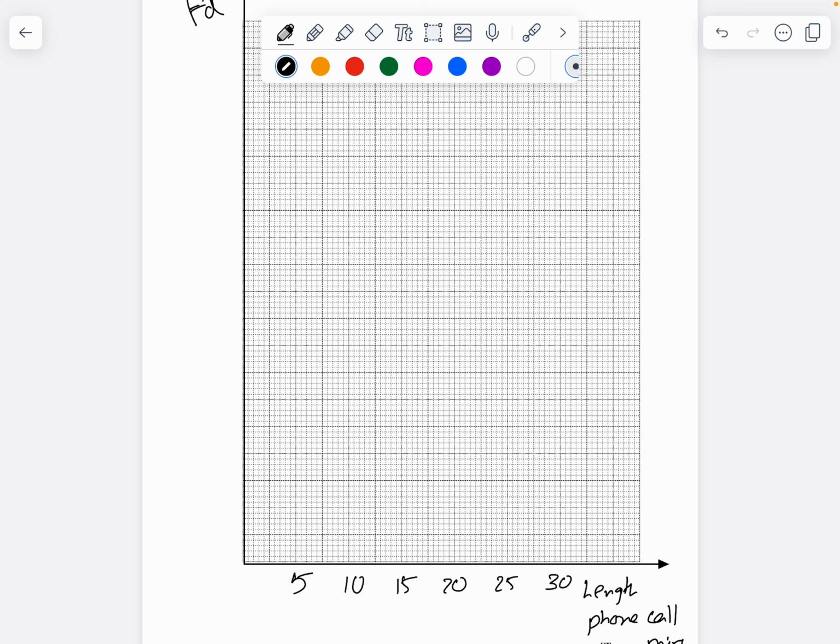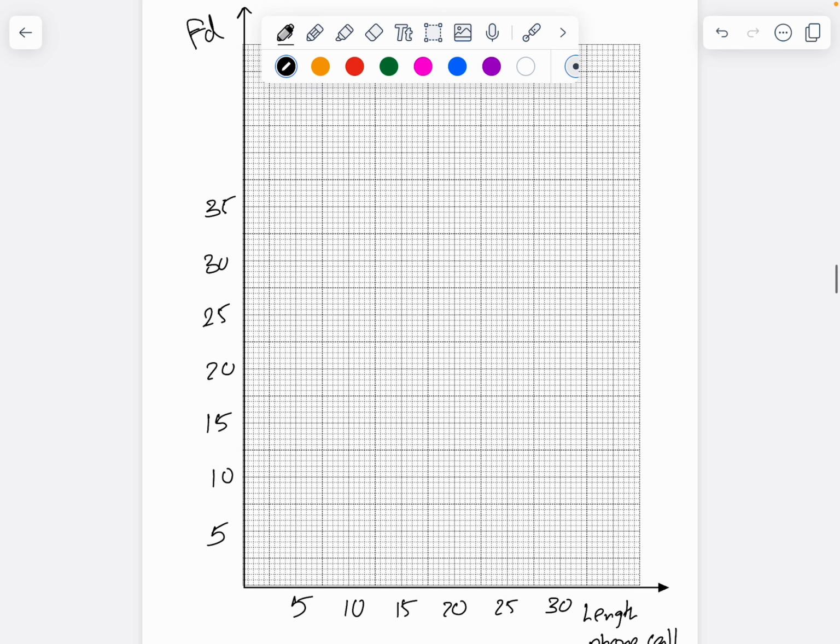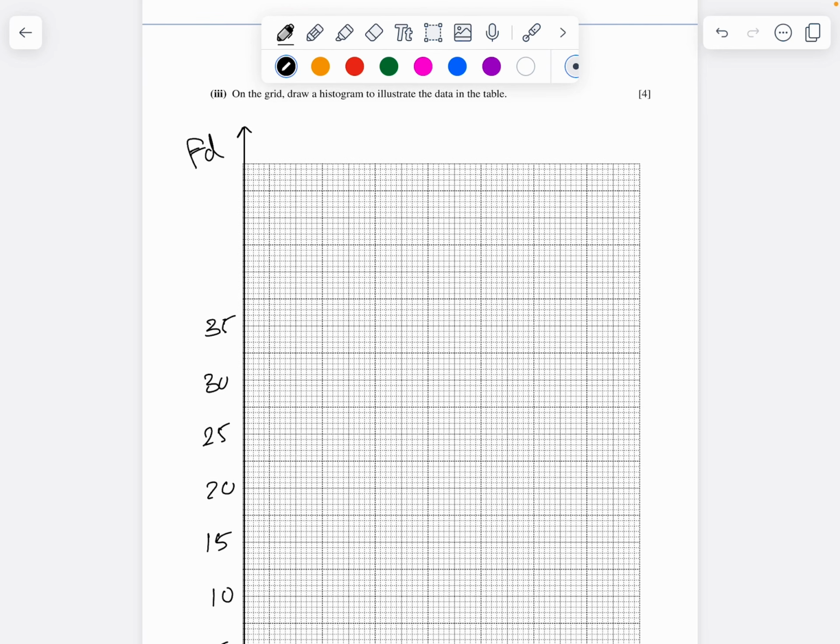So it's going to be 5, 10, 15, 20, 25, 30, 35, 40, 45 and 50.